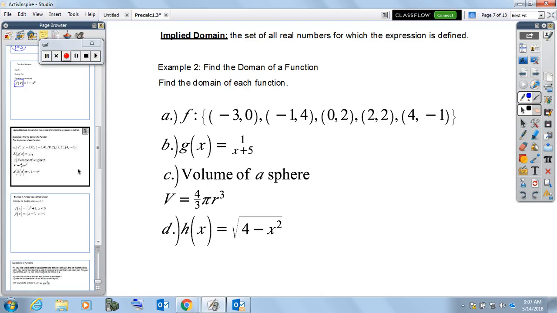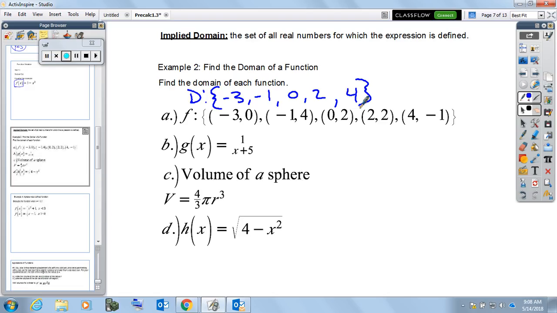So let's find all our different x coordinates. The domain in this case is going to be the set of all x such that x is -3, -1, 0, 2, and 4. So there's the domain of our particular function in this case.